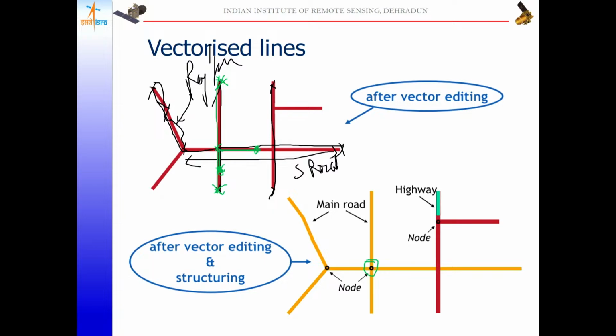When you add a node here, the lines get connected at that node, and now you can find the shortest route. When lines are connected at a junction, only then can resources flow. The same is the case here: a junction is not created here, so you need to add a junction.